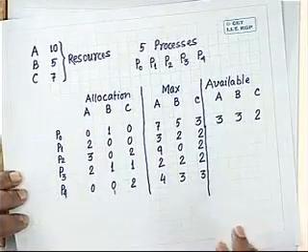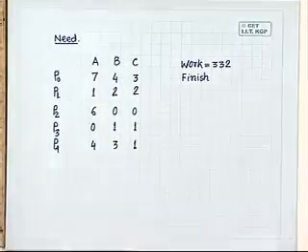Now we want to see whether this state is safe or not. For Banker's safety algorithm, we take every process and try to find out whether the future need of the process can be satisfied by the available number of resources at that instant of time. Now let us try to see this.